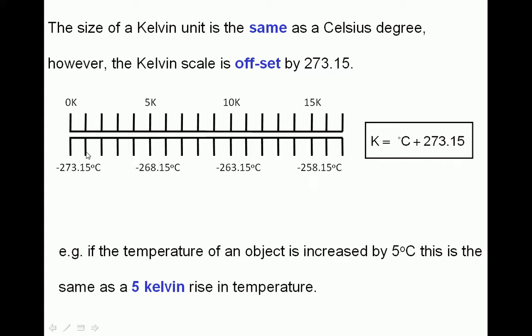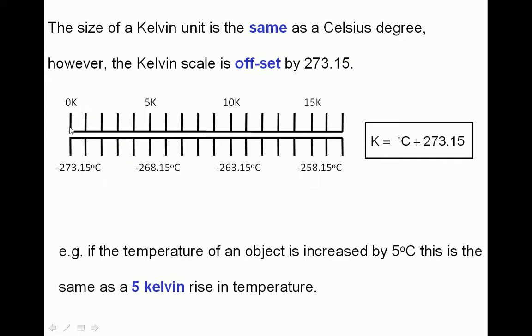That is the same size as 1 Celsius degree. Okay, so we only need to take into account the offset, and 0 Kelvin, the lowest theoretical temperature, known as absolute zero. We'll talk about what we mean by that a little later.